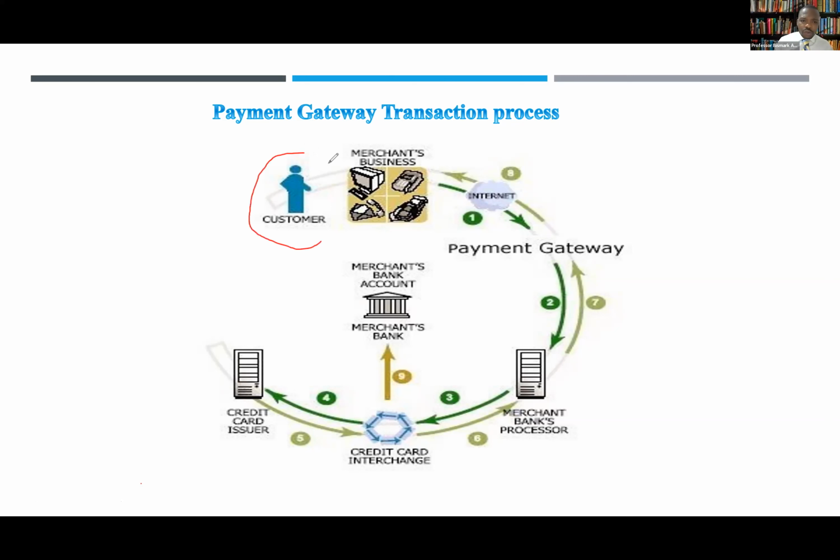So this is you, okay? Then there's the merchant business. So merchant here is used twice in two different meanings, okay? So let's say the seller to help us out. And then we're transacting online, is the internet. And then we've gone through the checkout process.